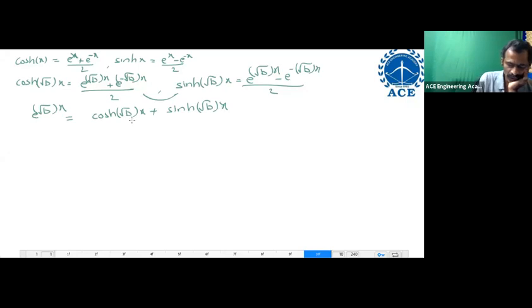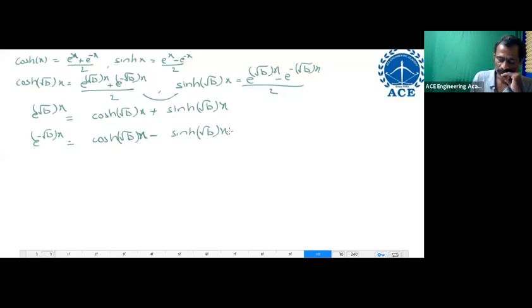If we add both, we get this. Suppose we subtract both, we get the negative power terms: e power minus root b x equals cosh root b x minus sinh root b x. This minus this.